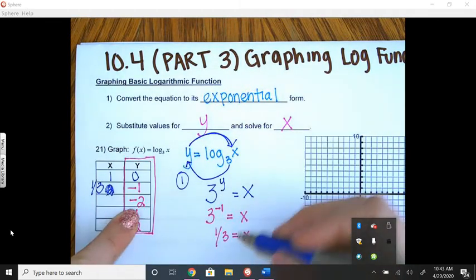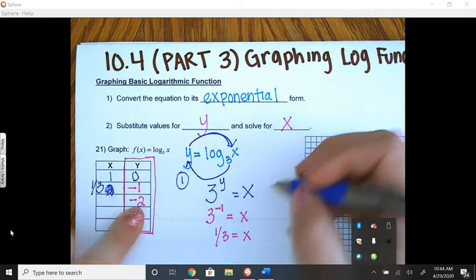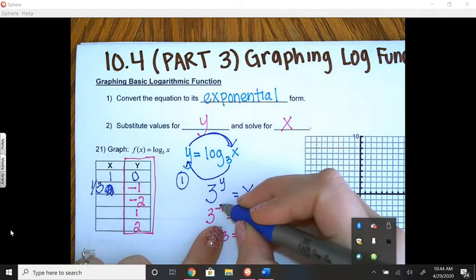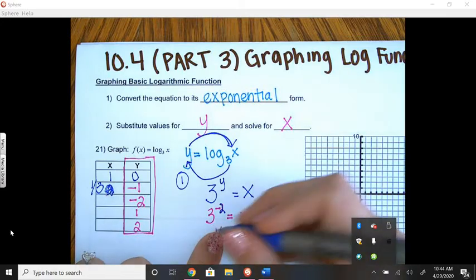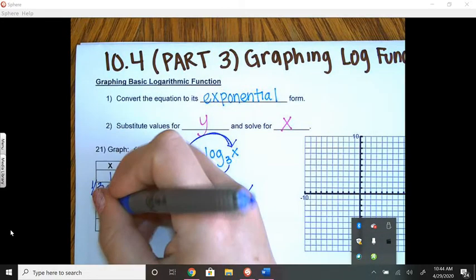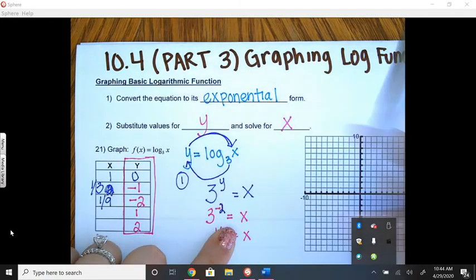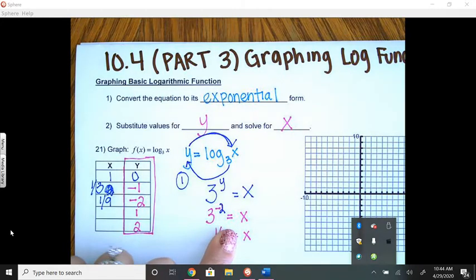Then we're going to plug in -2. 3 to the negative second power is 1/9. So we get 1/9. Then we're going to plug in +1.